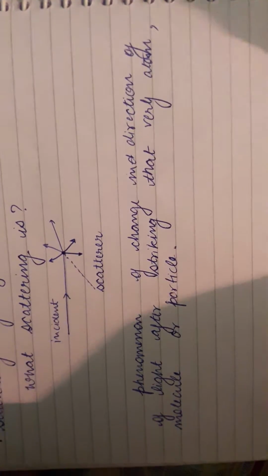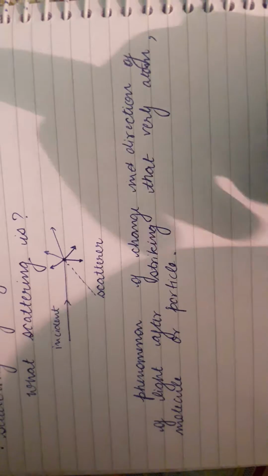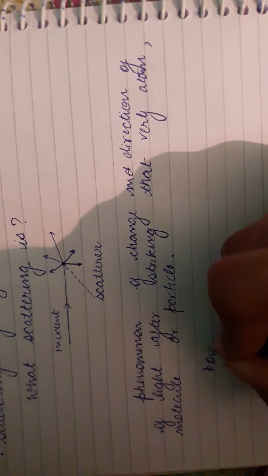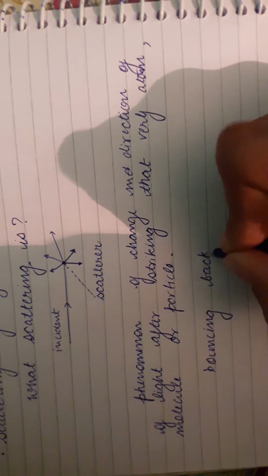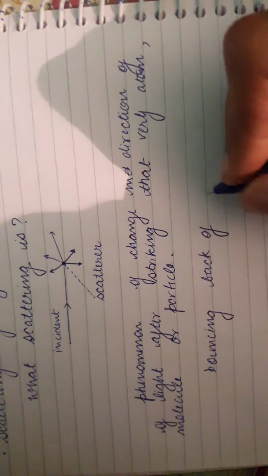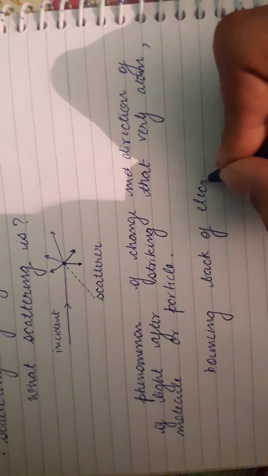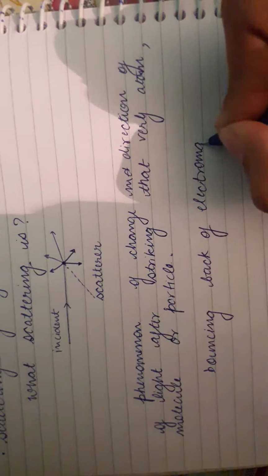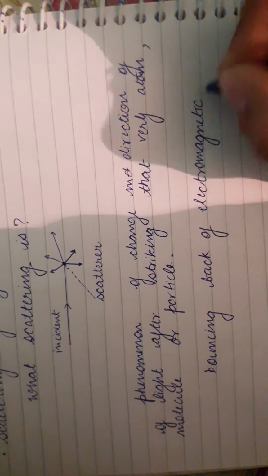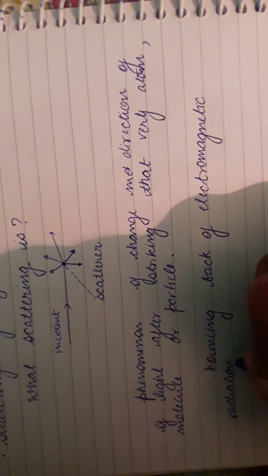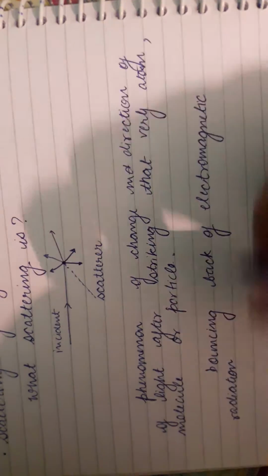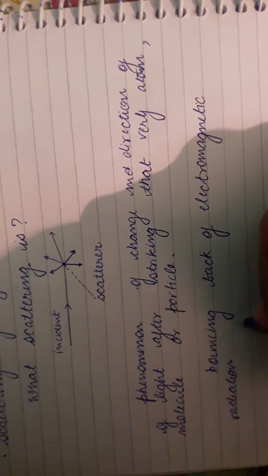If you want to know a higher definition, we can say that scattering of light involves bouncing back of the electromagnetic radiations after striking that atom or molecule through which it is passing.